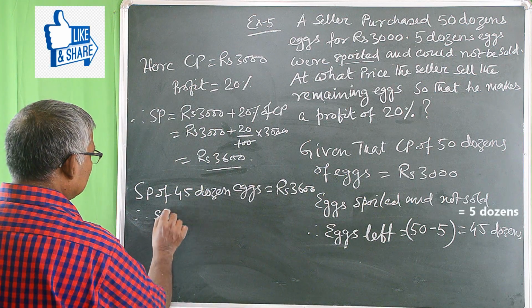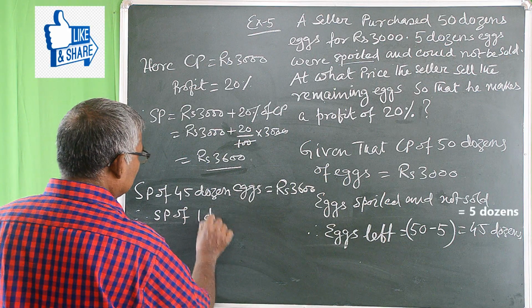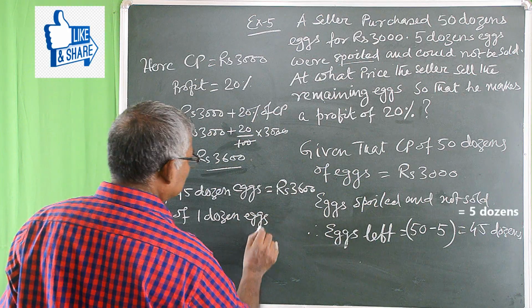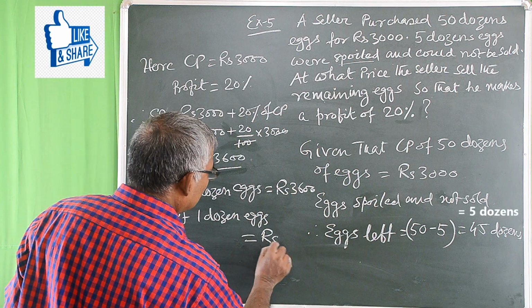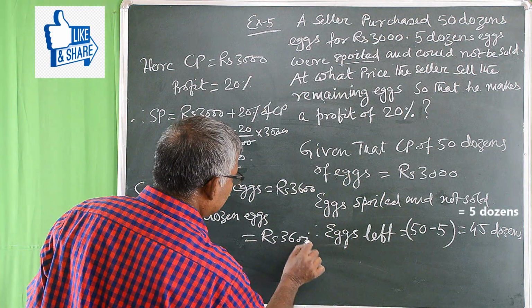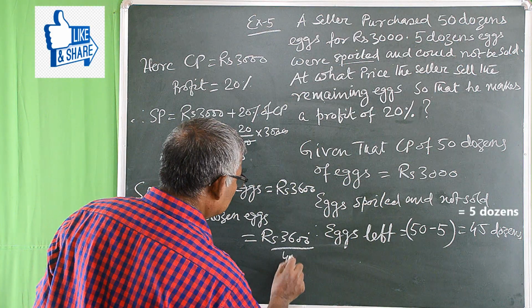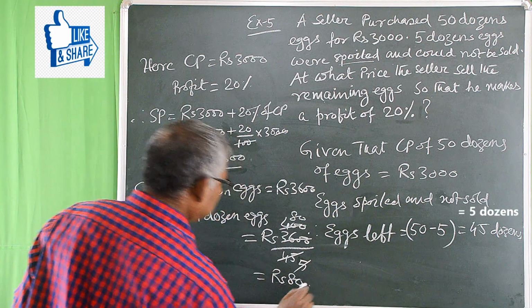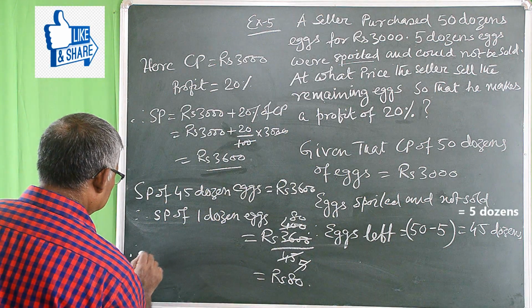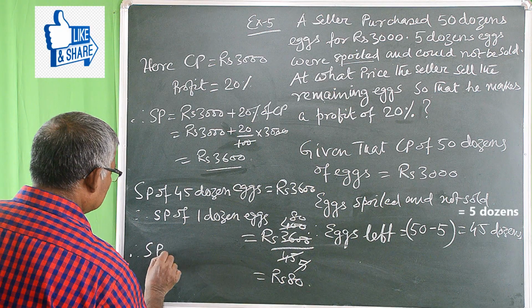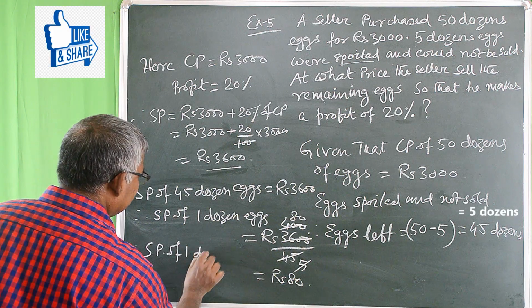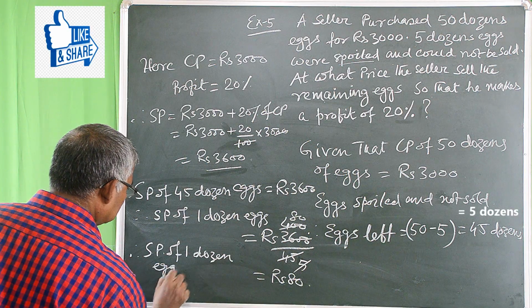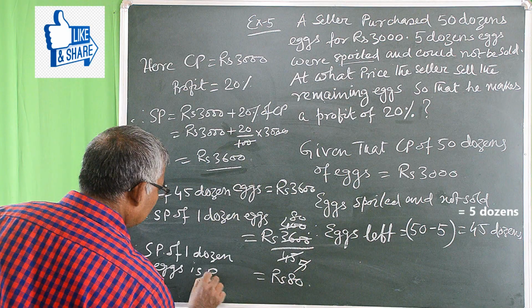Therefore, selling price of 1 dozen eggs equal to rupees 3600 by 45, that is rupees 80. Therefore, selling price of 1 dozen eggs is rupees 80.